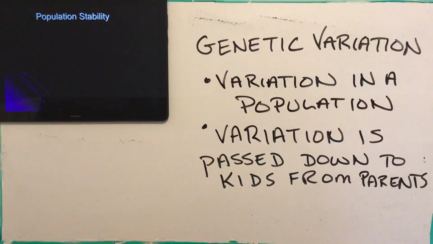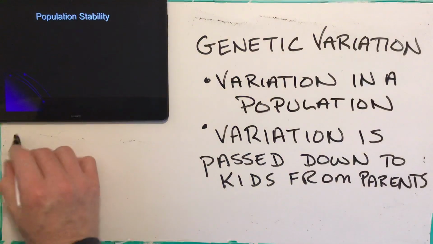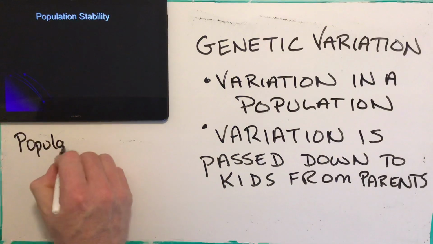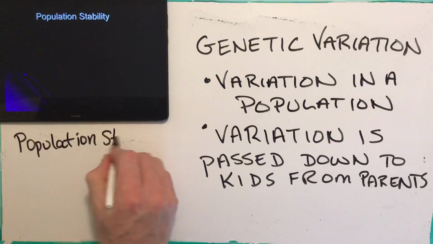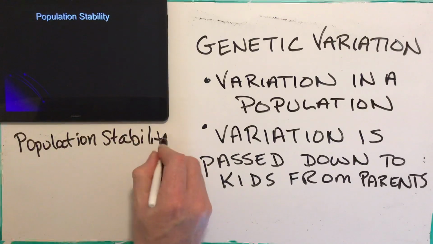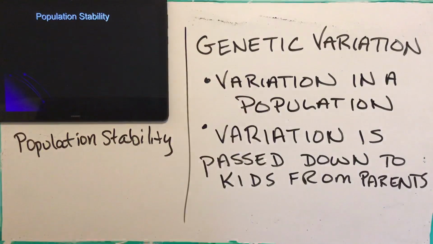Now the second two talk about population stability. Now, population stability means if the population is stable, it means it kind of stays at the same number. It's not increasing too much, it's not decreasing too much.